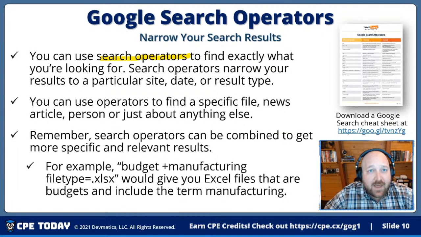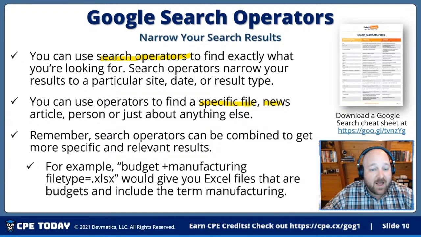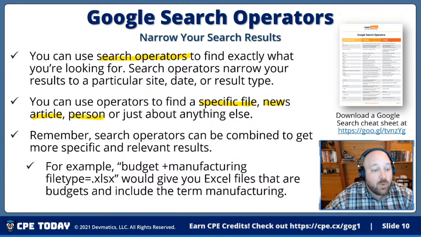And in addition to that, it is going to narrow the results down to more precisely show what you are looking for. And so operators are great when you're trying to find a specific thing, a specific website, a specific file, a specific news article. Maybe you're trying to find somebody on social media like LinkedIn, Facebook, or other things like that. But once you know about parameters and operators, you'll use them pretty much anywhere that you would want.